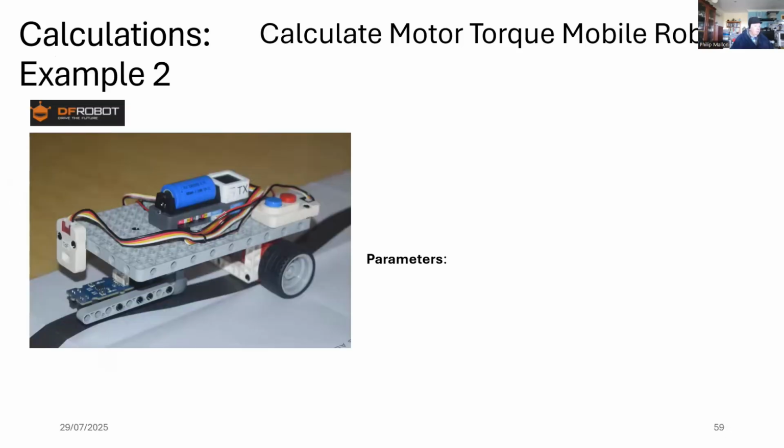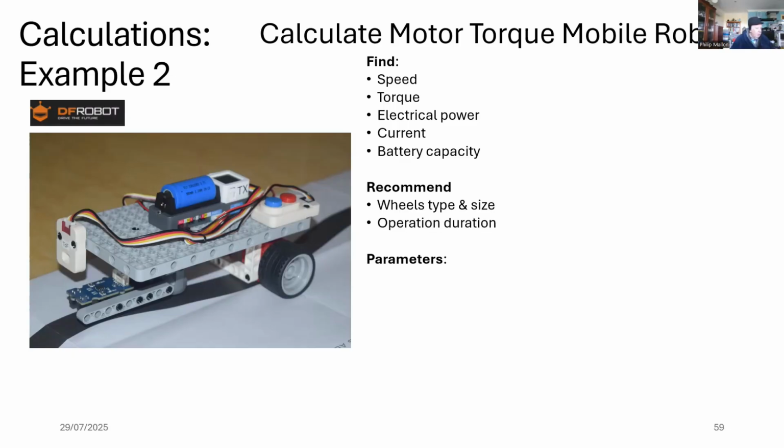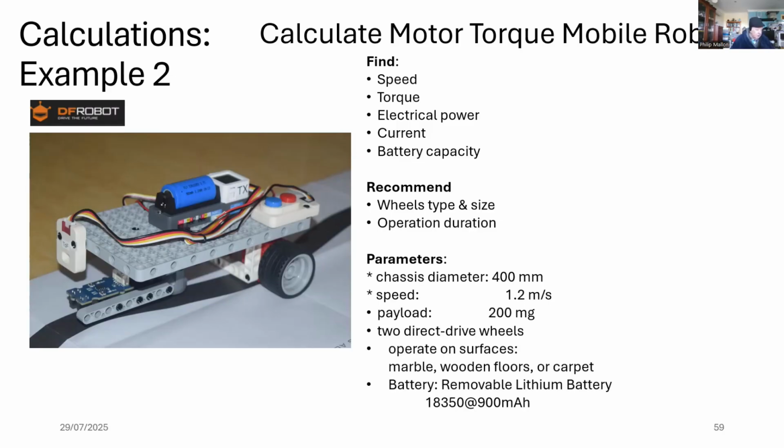In the second example, we're going to look at this robot and determine the speed, torque, electrical power, current, and battery capacity, and recommend the wheel type and how long our battery will last. The parameters are that the motor chassis is 400 millimeters, the speed is 1.2 meters a second, and our payload, that is the weight of our robot, is 200 milligrams.